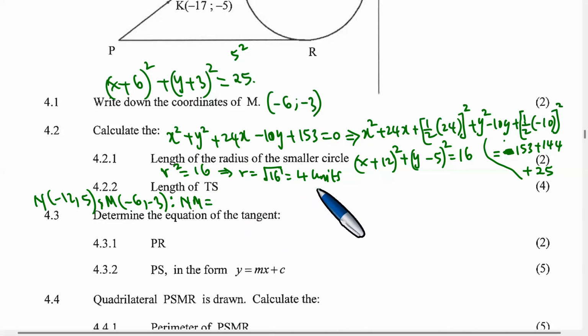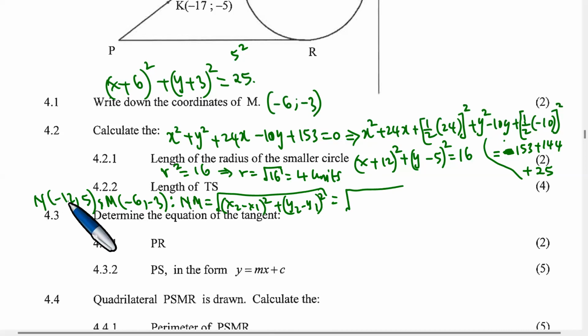Using the distance formula, the length is the square root of x2 minus x1 all squared plus y2 minus y1 all squared.